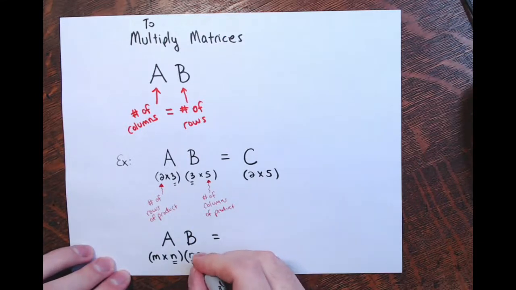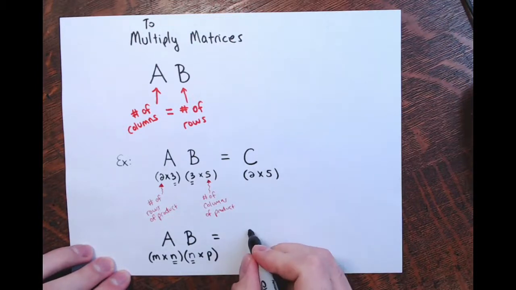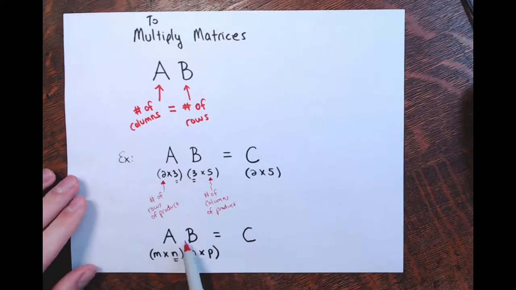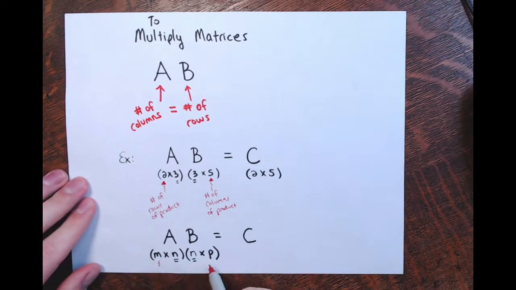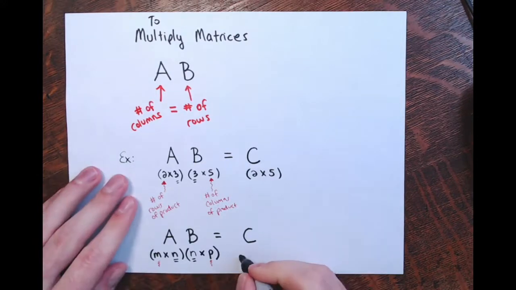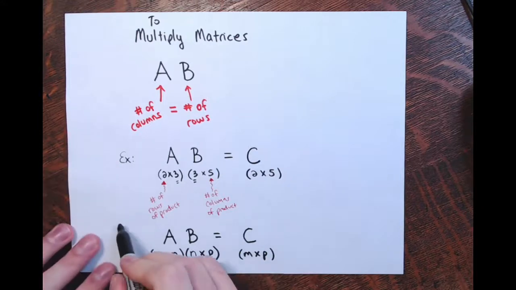And say it's an N by P matrix. And then the resulting matrix, the product C, will have M rows, P columns, these two outer numbers. It'll be an M by P matrix.